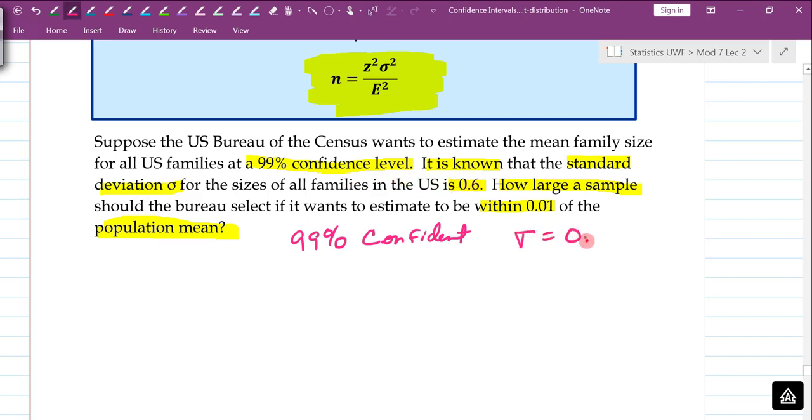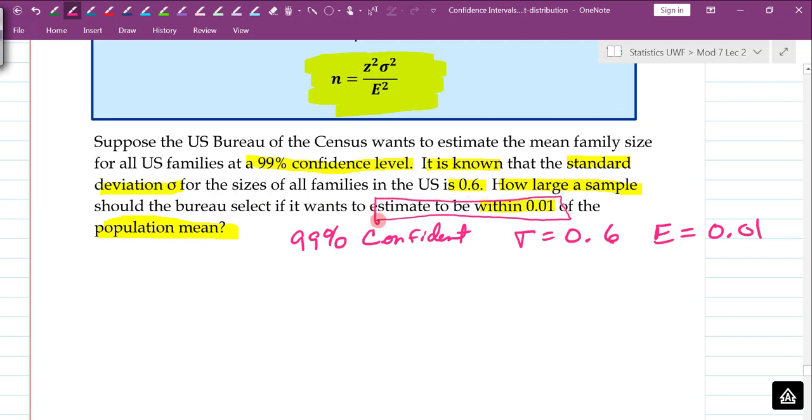We know that we want the error estimate to be within 0.01. That is E. Okay? So that's 0.01. So right here, this is E. So it says, how large of a sample should the Bureau select if it wants the estimate to be within 0.01 of the population mean? That's going to be your clue that that is E.